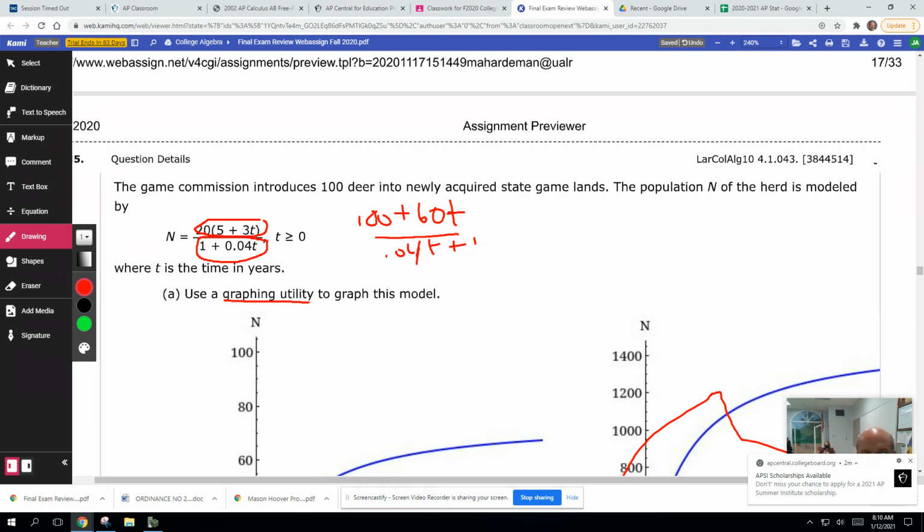The horizontal asymptote, like we talked about in the last problem, is the leading coefficient over leading coefficient because the degrees are the same. So the horizontal asymptote, that's the value that the function is going to approach as we go to infinity, but it's never going to reach, is going to be the line y equals 60 divided by 0.04, leading coefficient over leading coefficient.